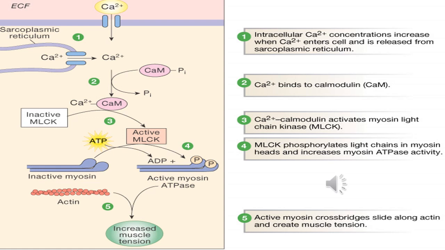Once that happens, we have here on number 4 the MLCK phosphorylating light chains in the myosin heads, and this increases the myosin ATPase activity, and active myosin then can make cross bridges slide along with the actin and create what is known as muscle tension.